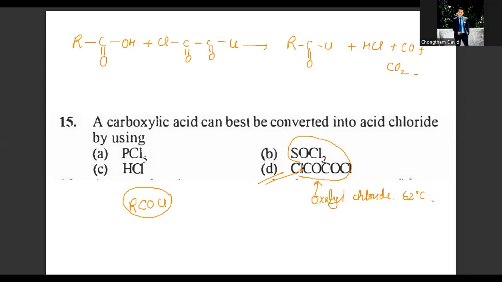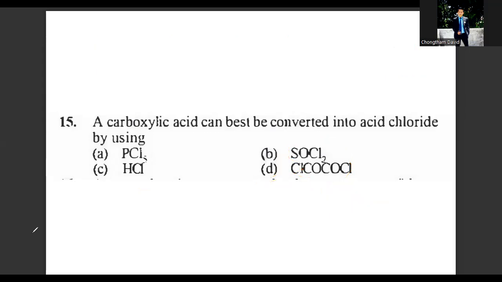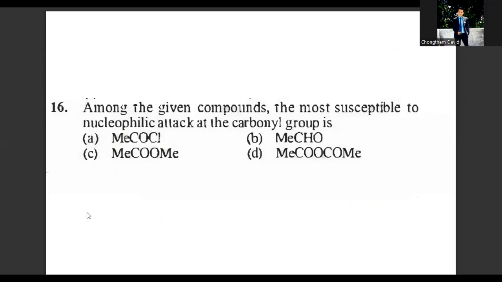Let's see question number 16. Among the given compounds, the most susceptible to nucleophilic attack at the carbonyl group is. You have to check the magnitude of positive charge on the carbonyl carbon; the higher it is, the greater the reactivity towards nucleophilic attack.